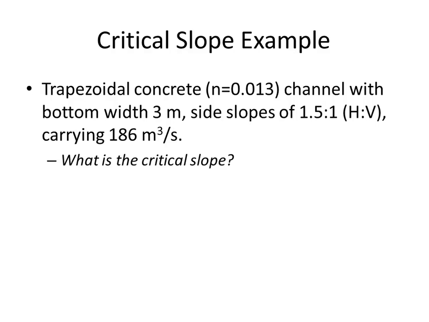So we've got a trapezoidal channel with a bottom width of 3, side slopes of 1.5 to 1, carrying 186 cubic meters per second. Find the critical slope. I know we've been hitting these examples awfully hard and fast today. There's just a lot of ground to cover. So we'll do this example, and then we'll talk a little bit about the pipe networks.